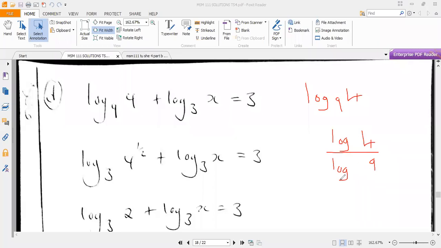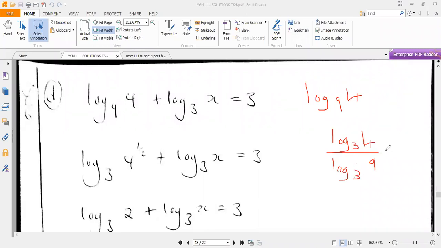Now, what base do you want to put here and there? We know that our base here is 3, so we want a 3 there. Here we put a 3, and here again a 3.